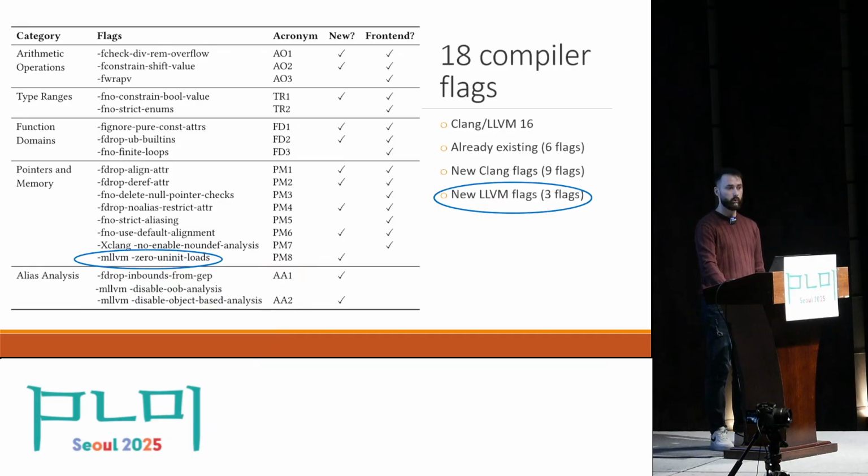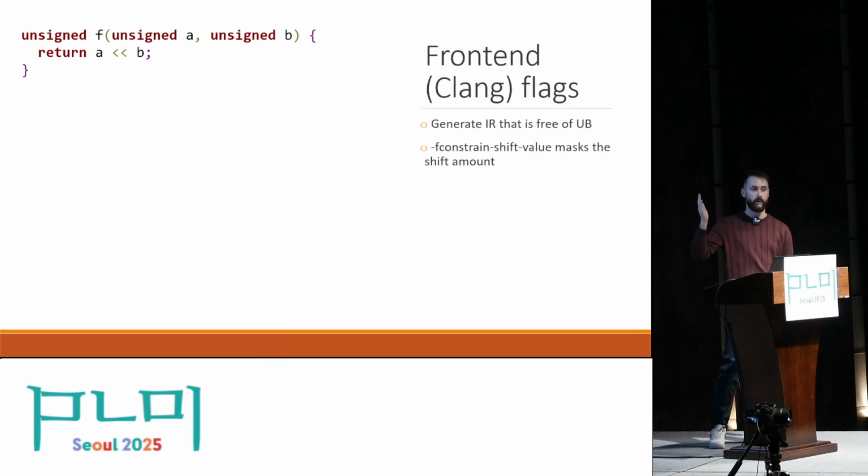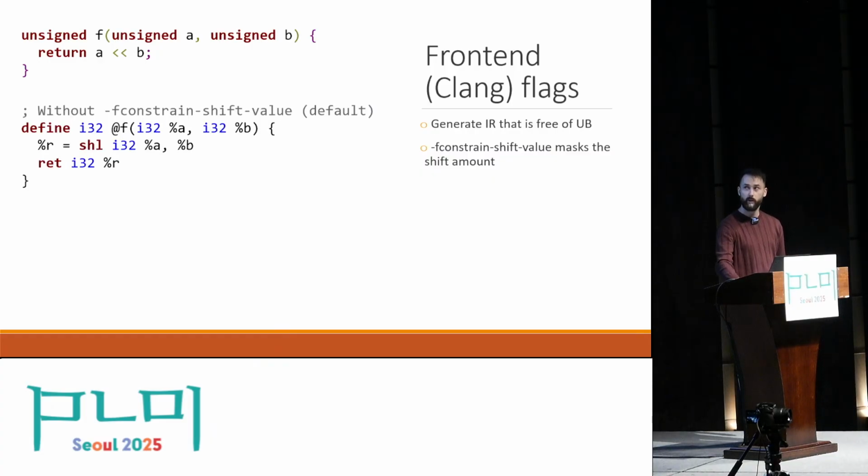Next, I will show 2 examples of flags that we implemented. First one is from Clang, -fconstraint-shift-value. This is the classical shift operation in C, which normally is translated to LLVM as a shift left instruction. However, the problem is that if B is greater than 32, this is UB. It will return a bogus value.